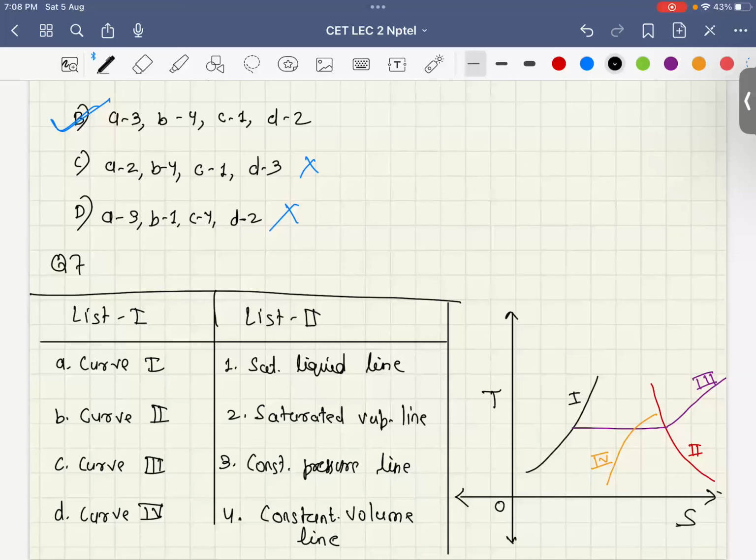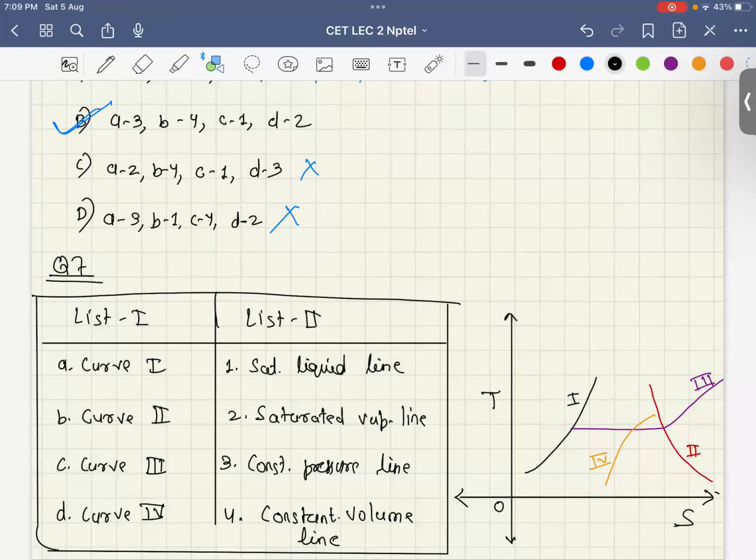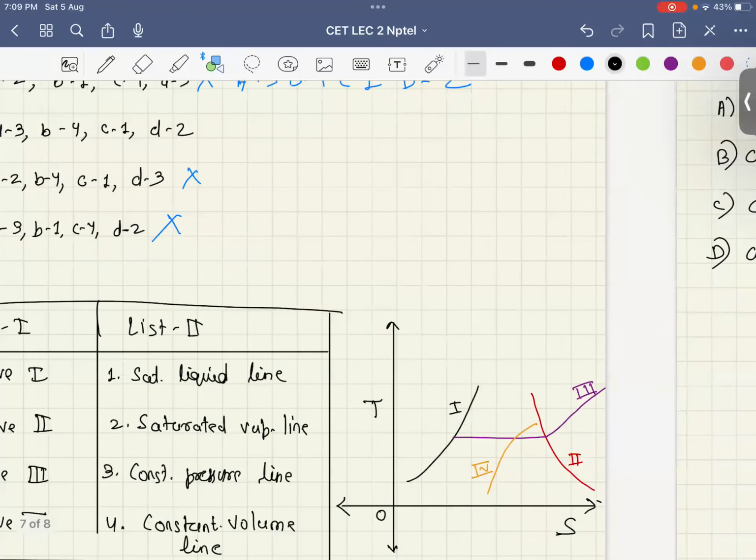I hope the question is clear to everyone. I hope that everybody has written down the question. These are the options. You can write down the options as well.